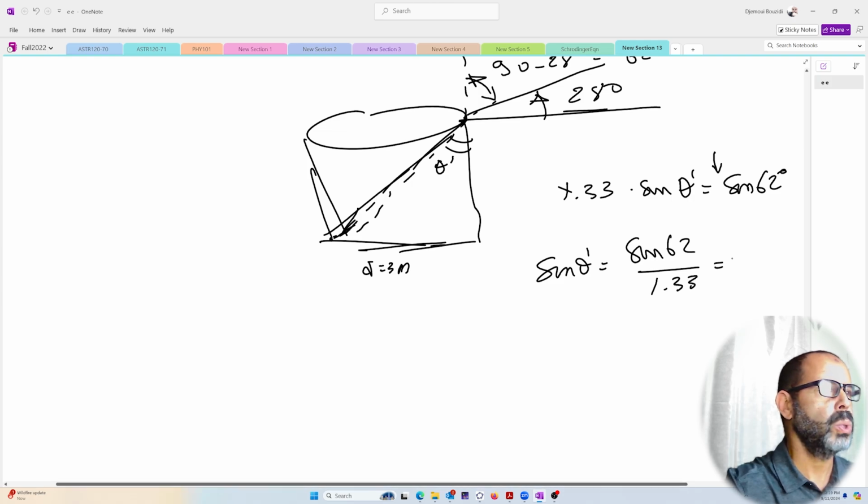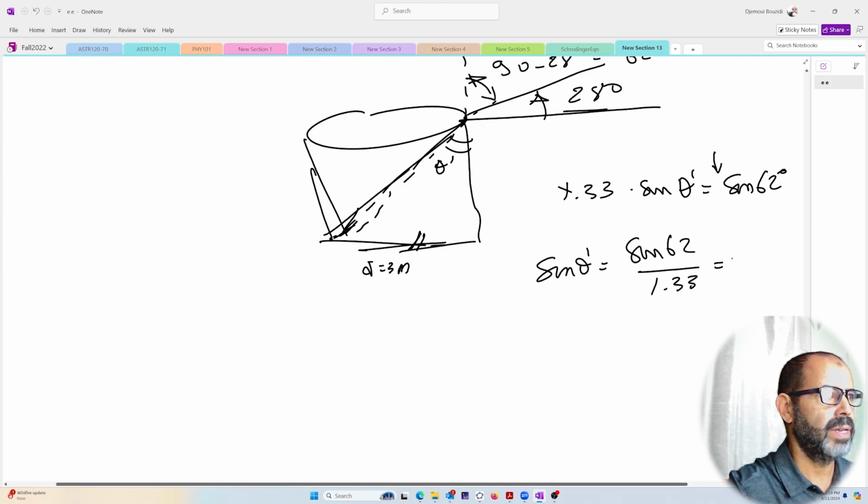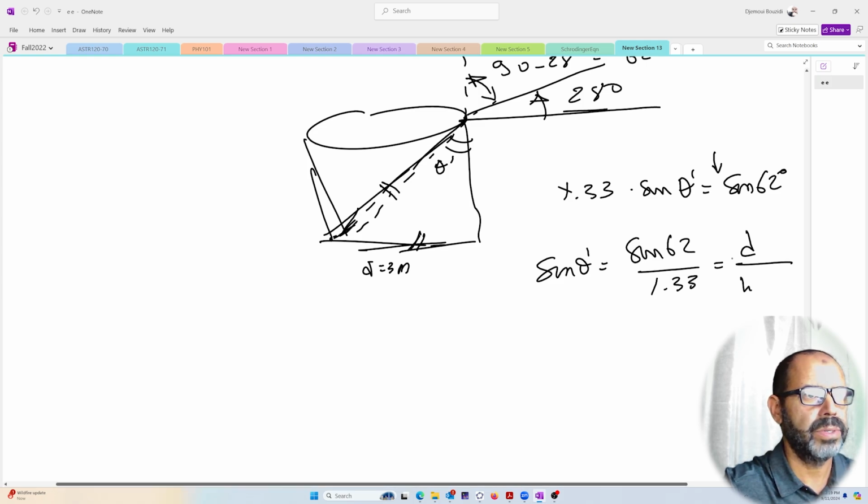And this is also equal to, in this right angle triangle, the sine, which is the opposite divided by the hypotenuse. This is going to be equal to d divided by the hypotenuse, okay?